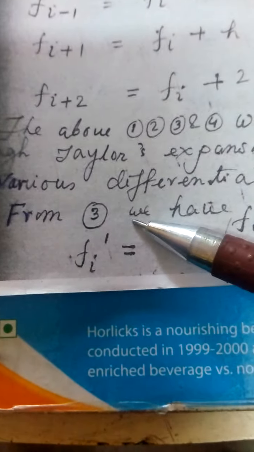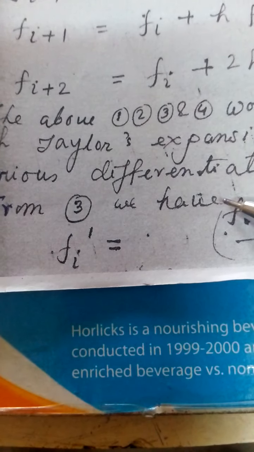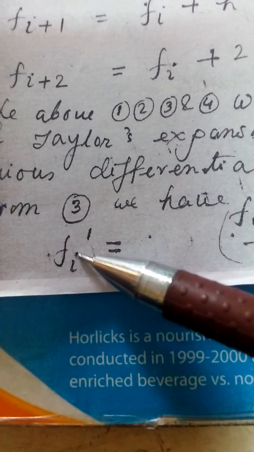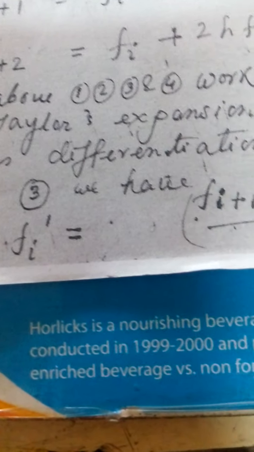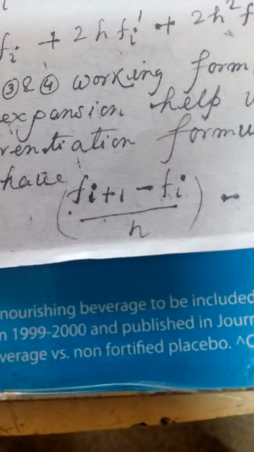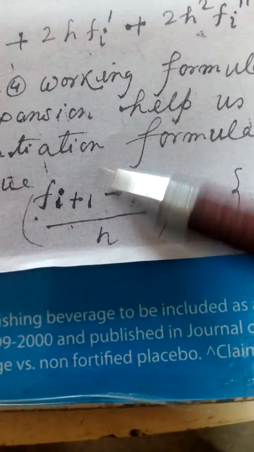Now from 3, where 3 is this one, from 3 we have fi dash, the first derivative of fi, the function of xi. Actually we will be using this formula.